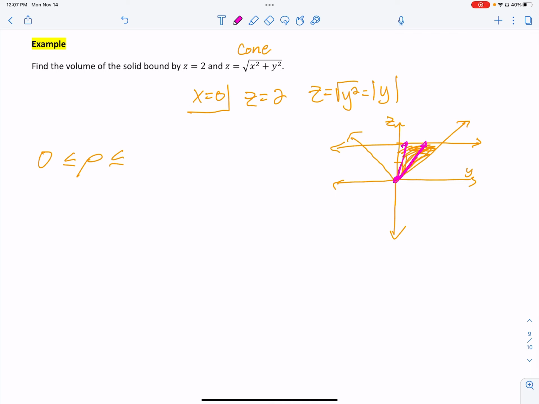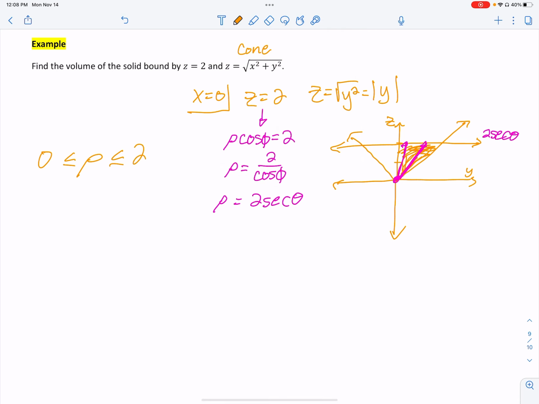Remember that z in spherical is rho cosine phi. So I can just replace z with that, and if I solve for rho, I get 2 over cosine phi, and we know 1 over cosine is secant. So I know that rho is between 0 and 2 secant phi.